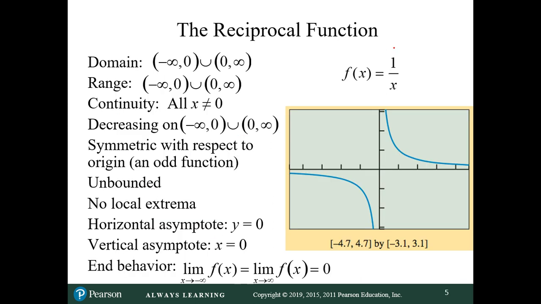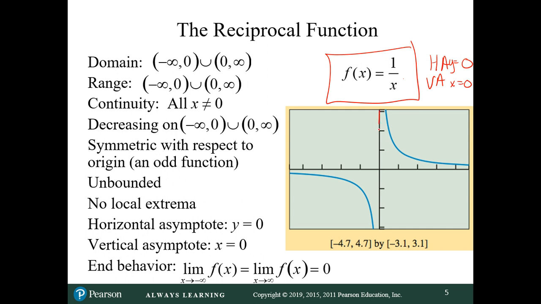So the basic function 1 over x, okay? The power in the denominator is higher than the power in the numerator, so we have a horizontal asymptote of y equals 0. Our vertical asymptote is what makes the denominator 0. Well, that's x equals 0, makes the denominator 0.